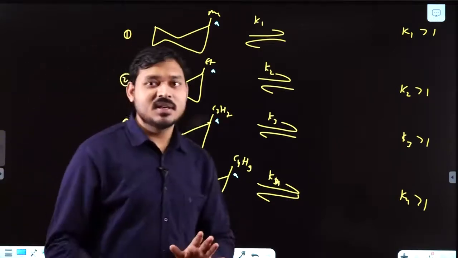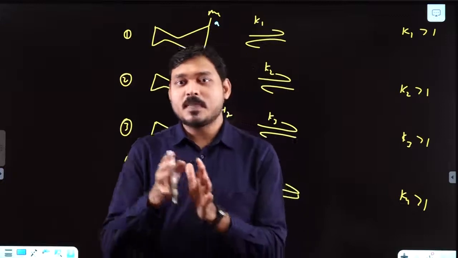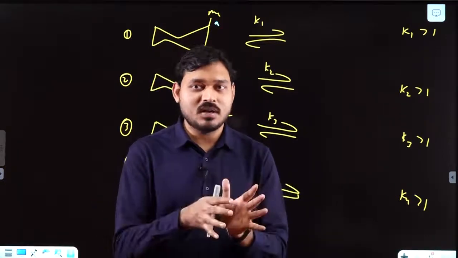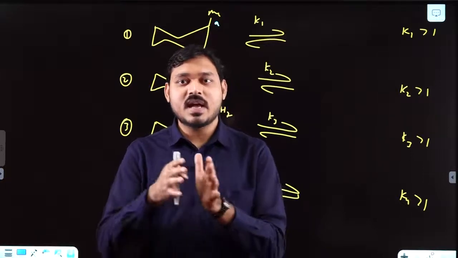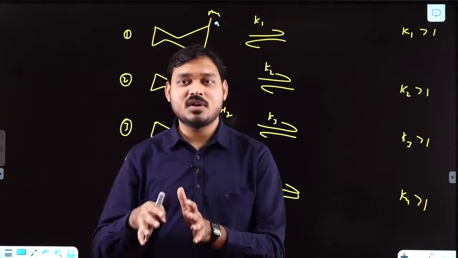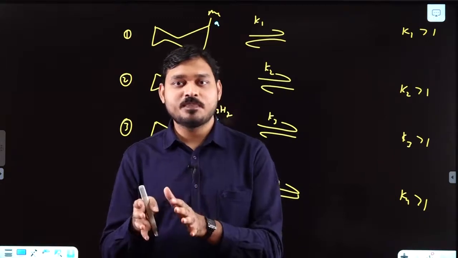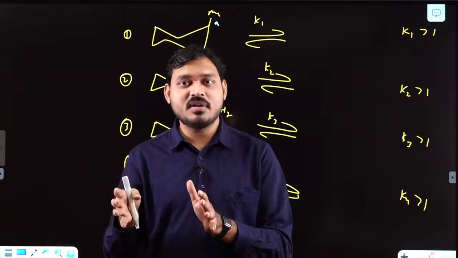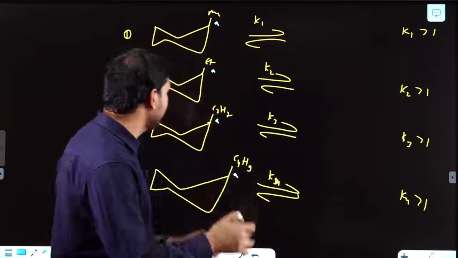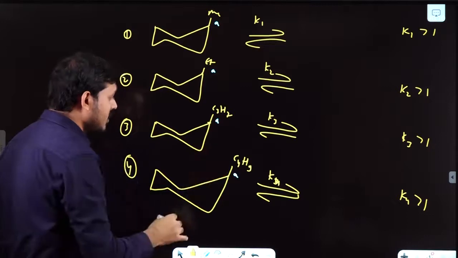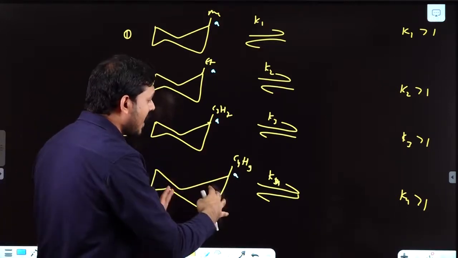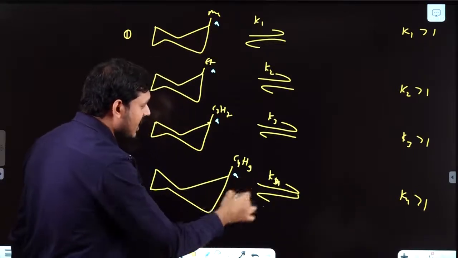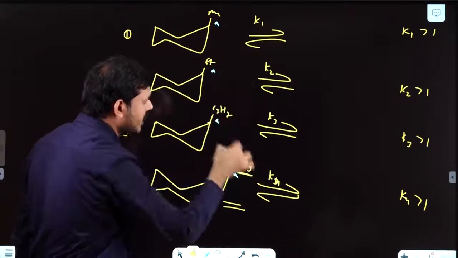Students, you have to understand, the bulkier group, if at equatorial position, will be more stable. Accordingly, if it is at axial position, it will be highly unstable. So the concentration of a substance having a bulky group at axial position will be very, very less. In all these 4 cases, the conversion from this part to the next part will be maximum in this case, because it has the bulkiest group among all these 4.